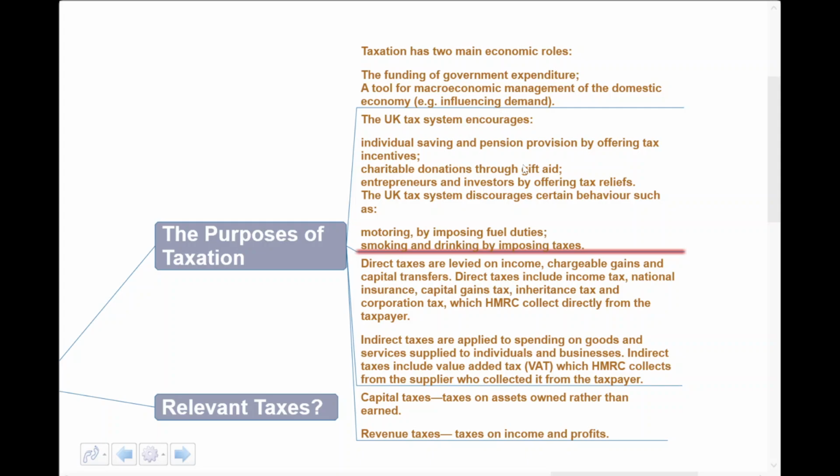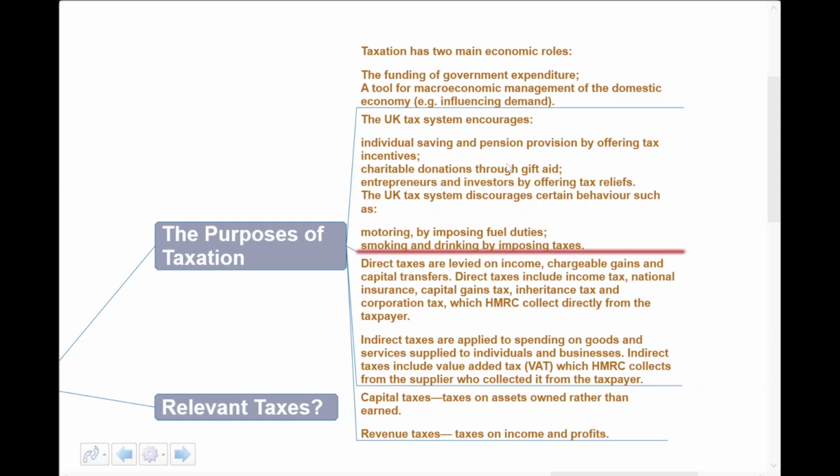Tax incentives, let's say. Outside of that, giving to charity is incentivized, and also being an entrepreneur, or investing in particular areas. In terms of what it may discourage, clearly things like smoking, drinking, etc., or at least that's what they tell us, and certainly motoring by imposing fuel duties.